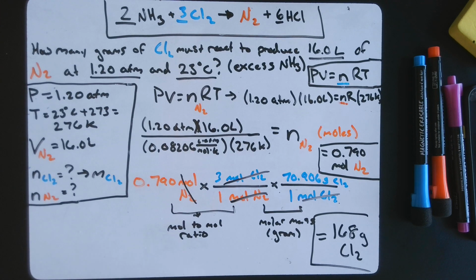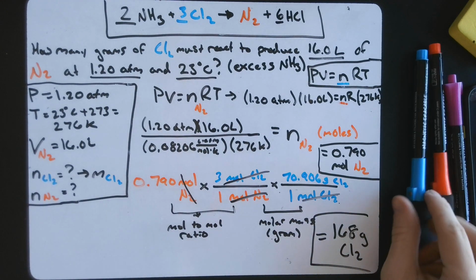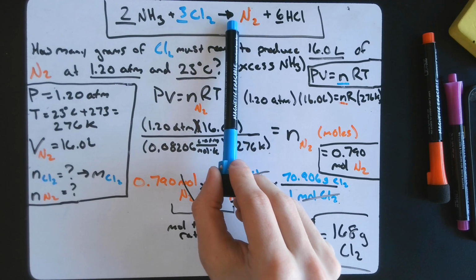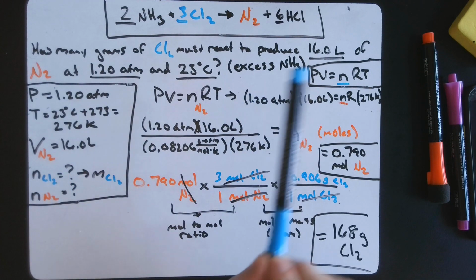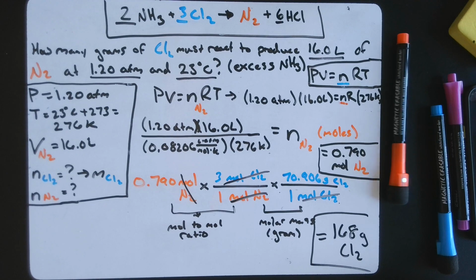And while gas stoichiometry problems can come in a whole different variety of flavors, I think the basic thing here is how do you cross the bridge, the mole-to-mole ratio, and keep a grocery list. Pay attention to what you need and what you're trying to get to, because you almost for sure are always going to be using the ideal gas law.